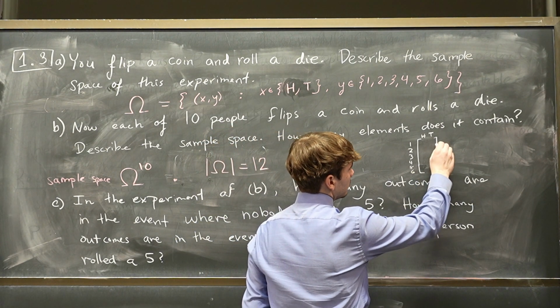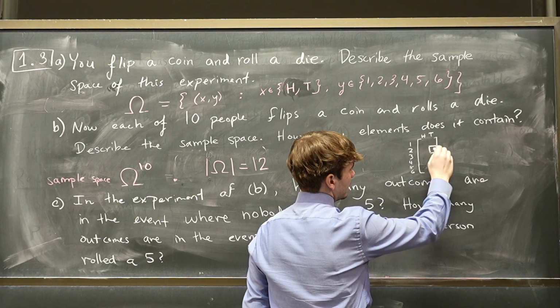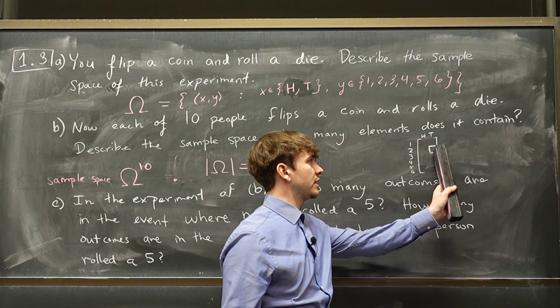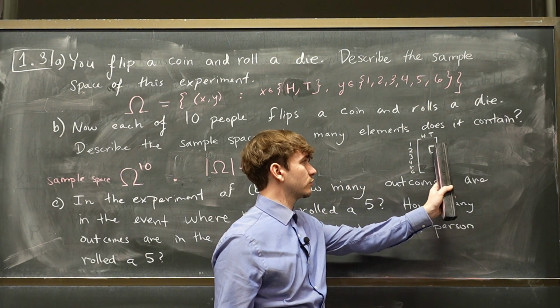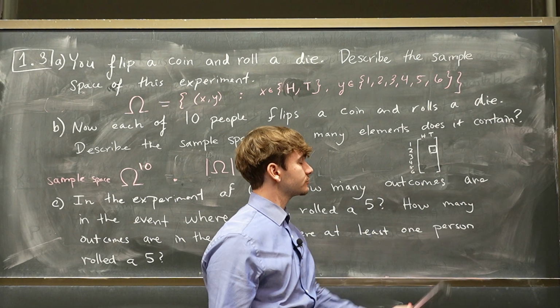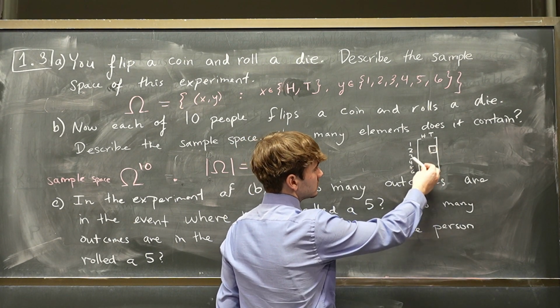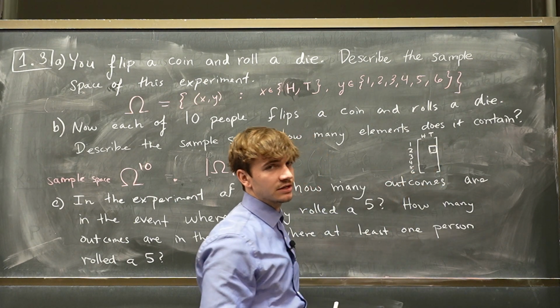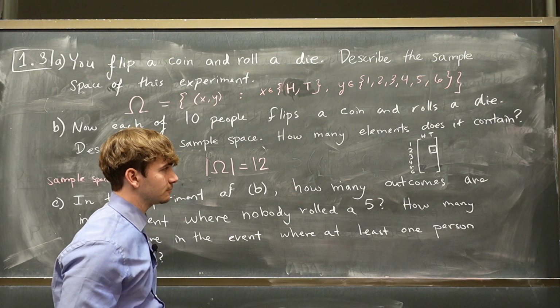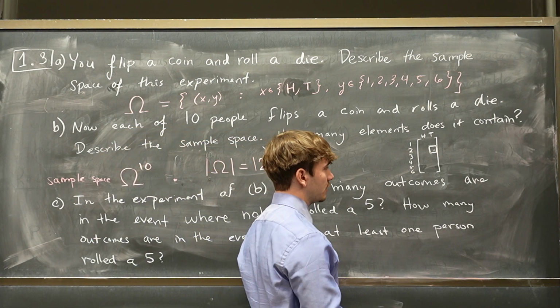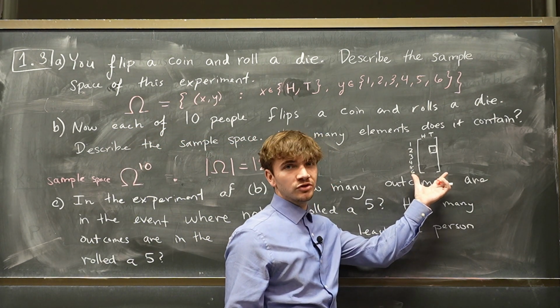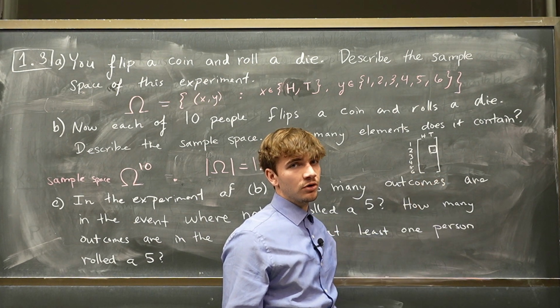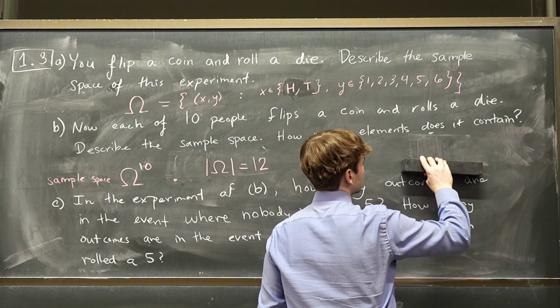So for example, this entry of the matrix represents the event that I flipped a tails and rolled a 2. Okay? So the size of this matrix, well, how many elements does it contain? Well, it contains 2 times 6, so 12 elements. Okay? Another familiar reminder that multiplication of numbers corresponds to area.